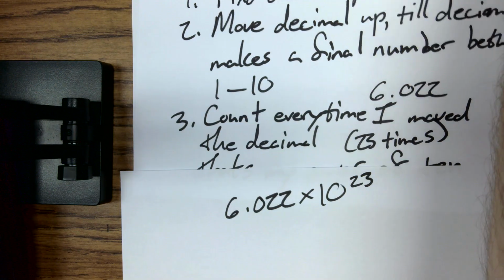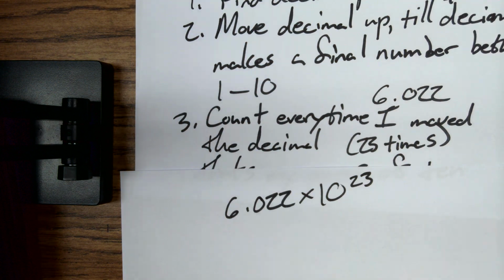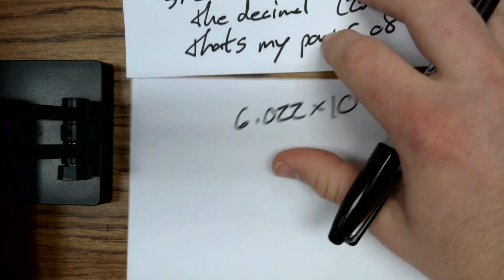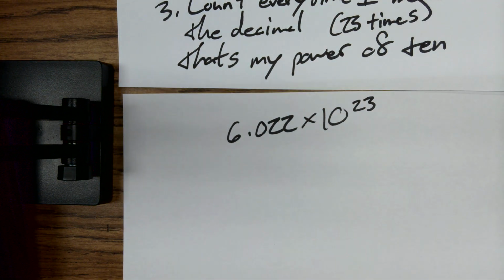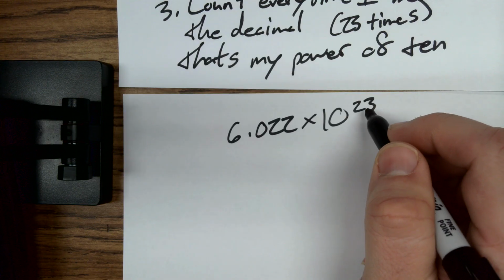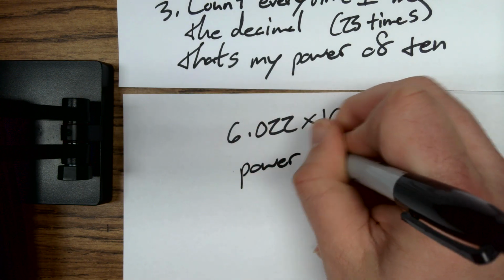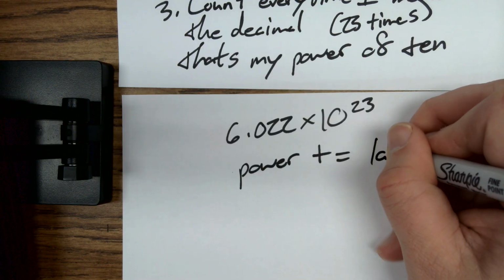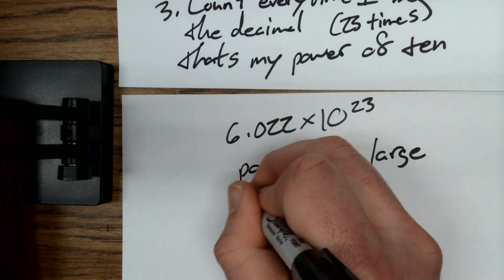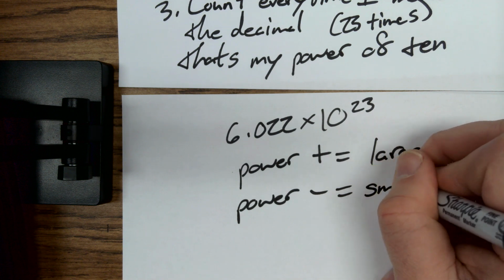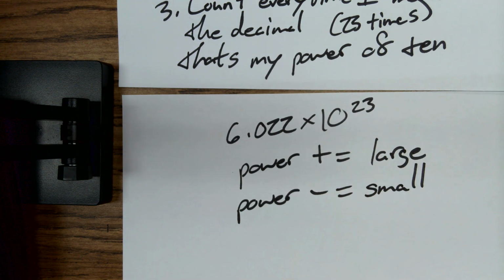It's an easy way of taking a really, really big number and making it a lot easier for me to write. If my power is positive, it's a large number. If my power is negative, I'm working with a small number.